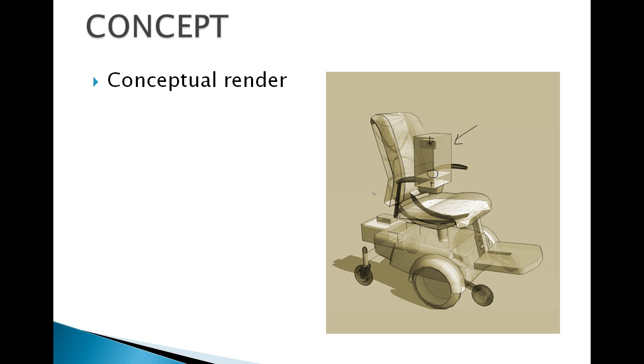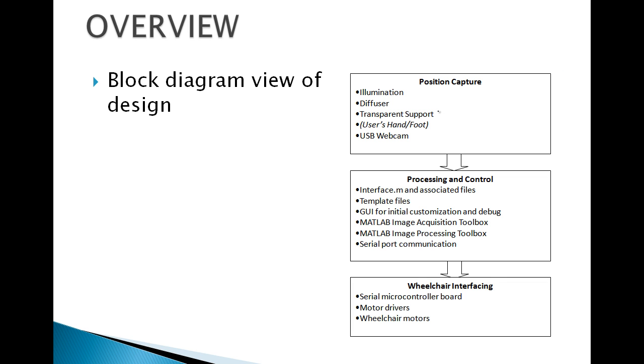The processing system can be an onboard embedded Windows system minus the monitor, which could run MATLAB code that I created for this project. It could be typically located at the back of the wheelchair, and it communicates via serial link towards the motor control microcontroller board.